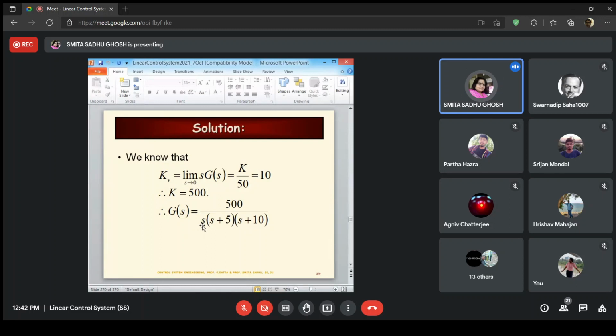In the denominator, first of all, you have j omega, then j omega plus 5, then j omega plus 10. So you have to find the magnitude over there as well. Once you find the expression for magnitude, put omega equal to 1 radian per second. From there you would be able to calculate the value of the magnitude at omega equal to 1 radian per second. So I now want you to find the value and tell me.